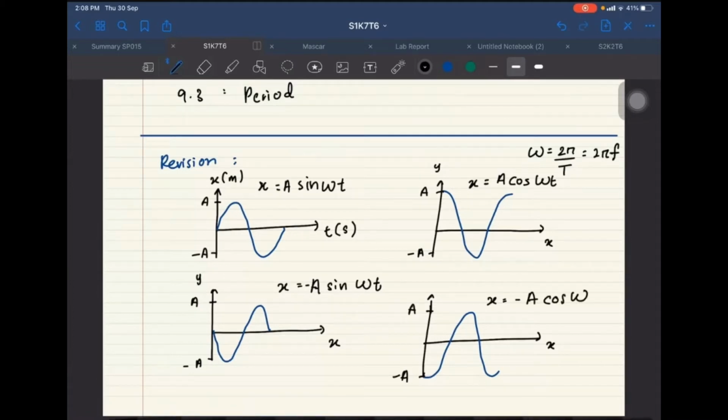If it is negative, it is inverted. It's basically a flip on the x-axis. Sorry, I'm going to rewrite this one as well. I forgot to change it to x and t.